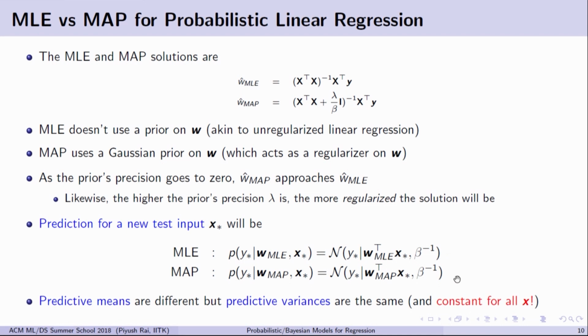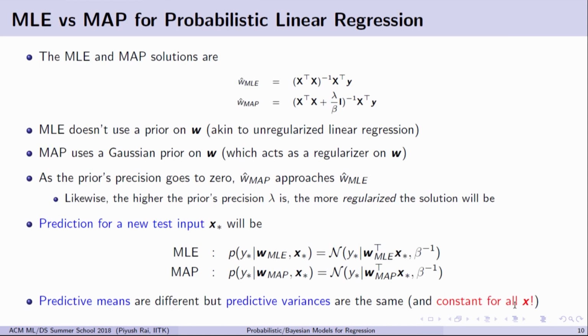So note that if we are using MLE or MAP estimation, you can think of this as the predictive distribution of the output given the input. Both of these predictive distributions have different means for different inputs, but the same predictive variance for different inputs, which is something that we don't like, and we would like to solve that issue later on.